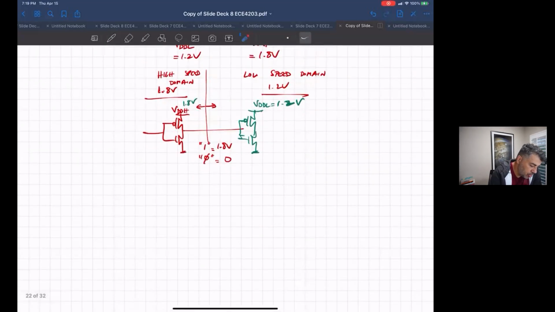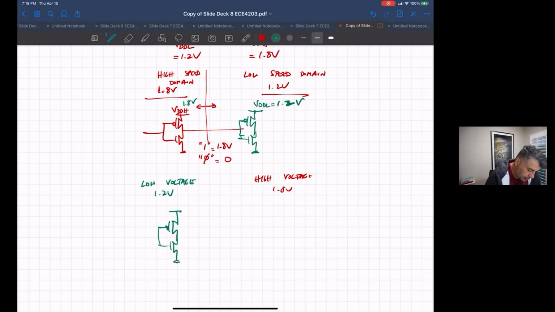But now do the reverse: if you want to go from a low voltage domain to a high voltage domain, you're driving that.